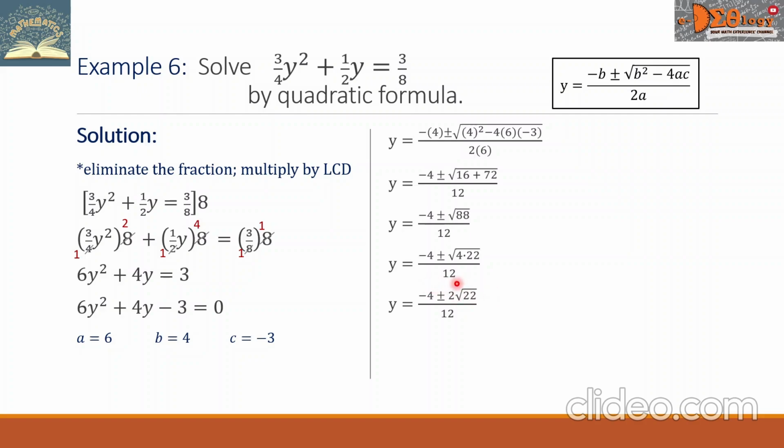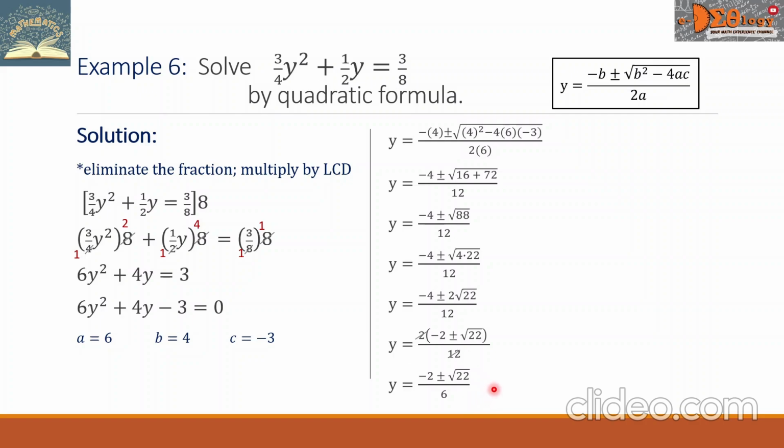In the numerator, there is a common factor, which is 2. We can pull it out. So we have 2 times the quantity, negative 2 plus or minus the square root of 22, all over 12. We can cancel this 2 and 12, so this 12 becomes 6. So y equals negative 2 plus or minus the square root of 22 all over 6.